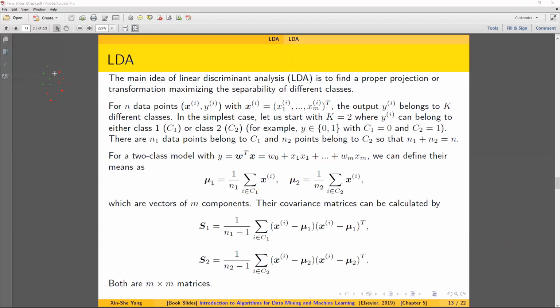The first thing you want to do is to calculate the mean of each class. For the green dots, where is the mean? The mean is somewhere here, right? You can get the mu1, that's the idea basically. And then you can get the mu2 as well.